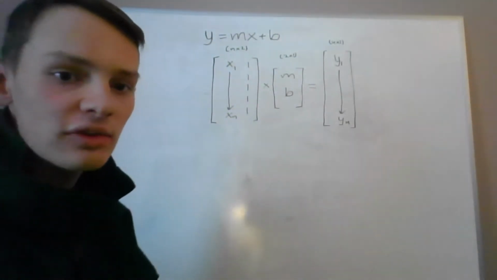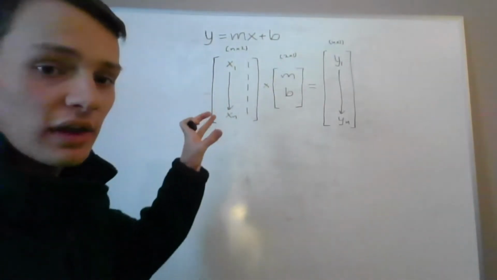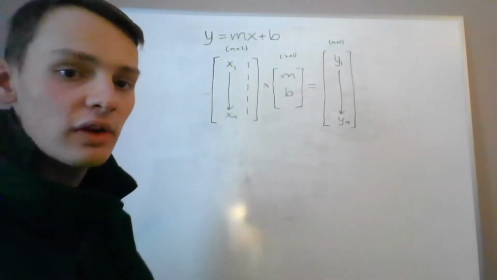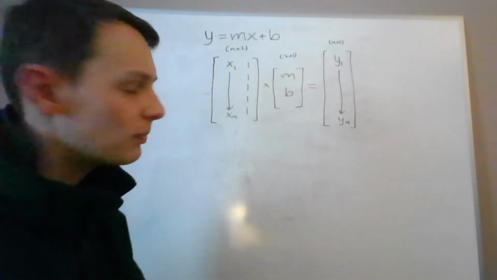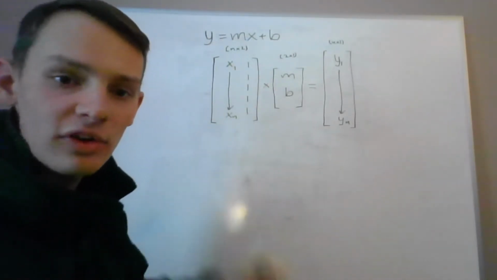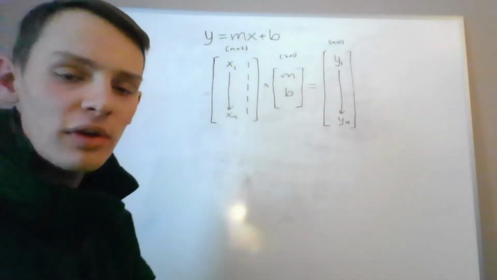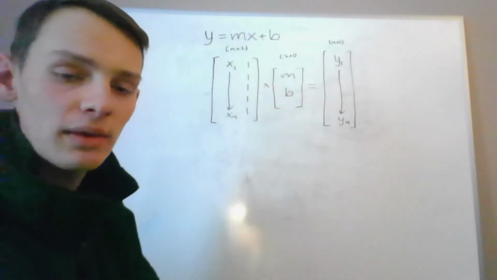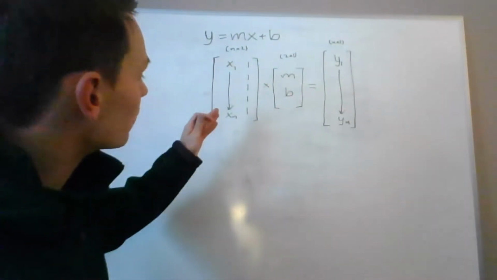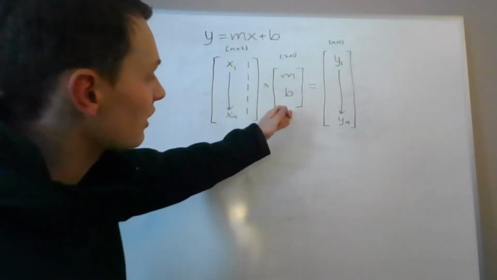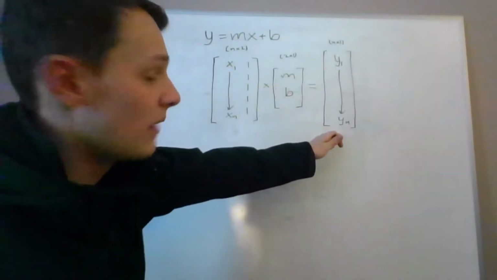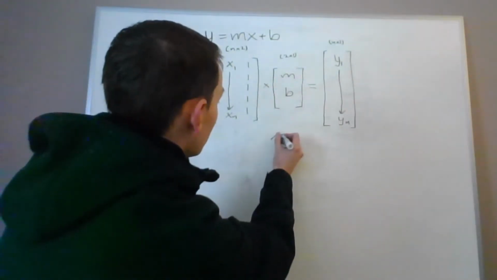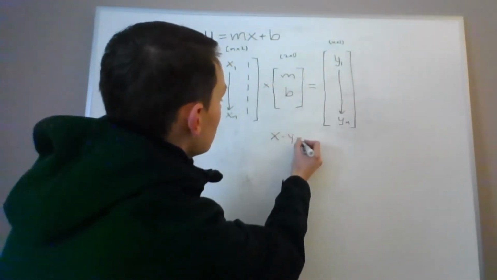Because we have 2 unknown values, we need to manipulate this linear system of equations such that we have 2 equations and 2 unknowns. And the way we're going to do that is by multiplying each side by the inverse matrix of x. It's similar to what you would do in Algebra 1 when you're trying to isolate a single variable. For example, if I were to represent this design matrix as x, my vector of unknown coefficients as y, and my column vector of known y values as z, we would have this equation here, x times y equals z.